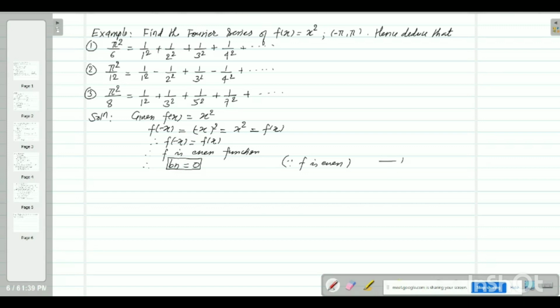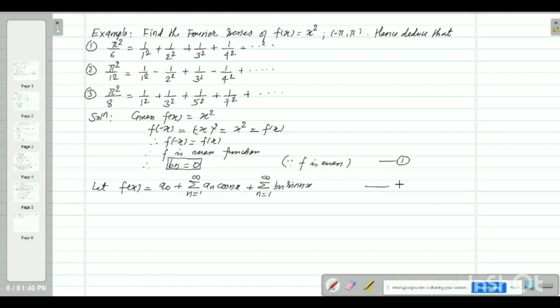Name this equation number 1. Let f of x equal to a naught plus sum running from n equal to 1 to infinity a n cos n x plus sum running from n equal to 1 to infinity b n sin n x.